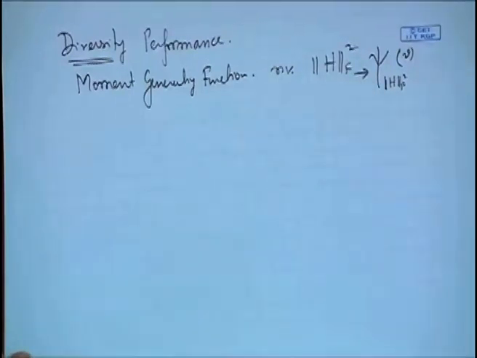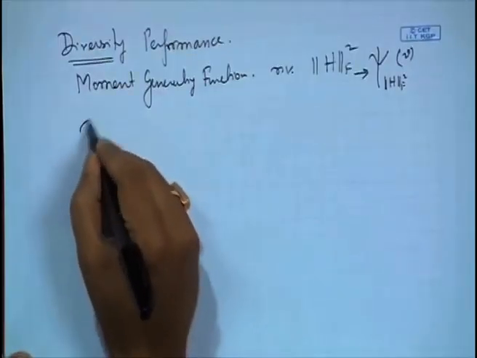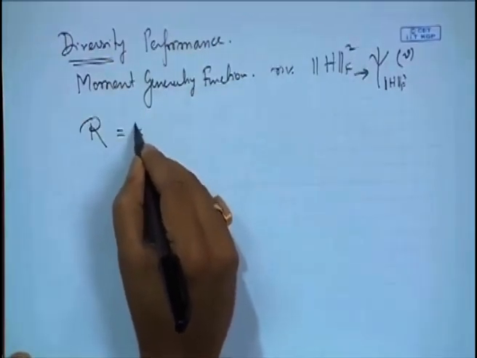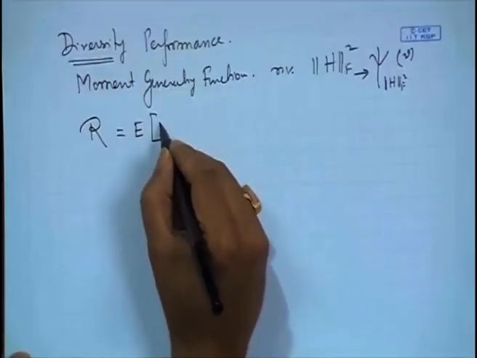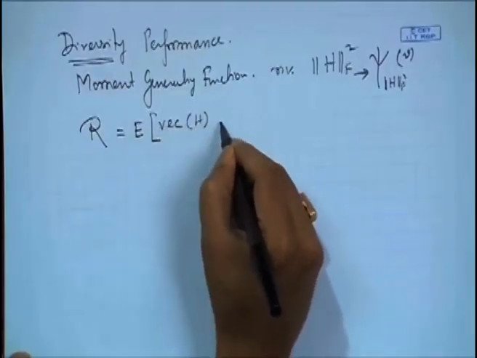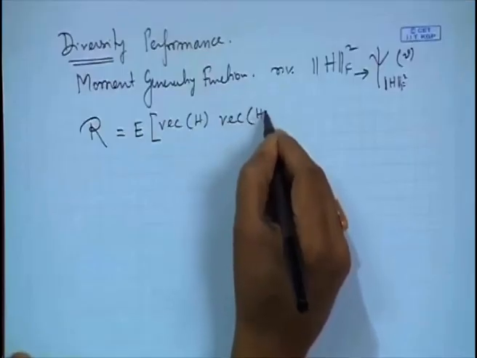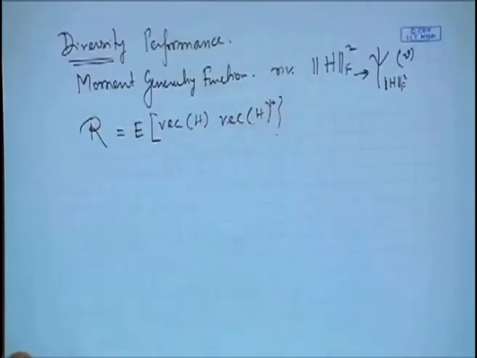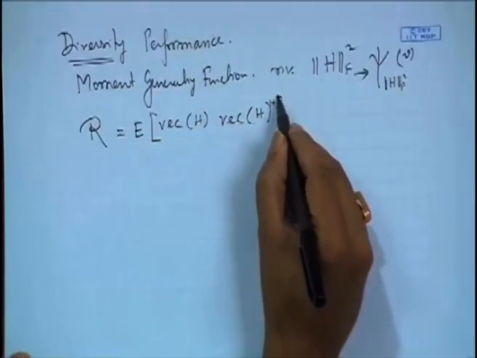Okay. So assuming Rayleigh fading in Hij, we could say R, the covariance matrix, is the expectation of vec of H times vec of H Hermitian. This we have already seen, right?